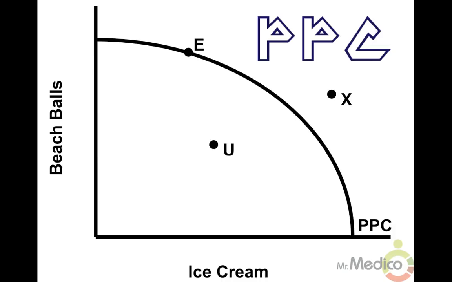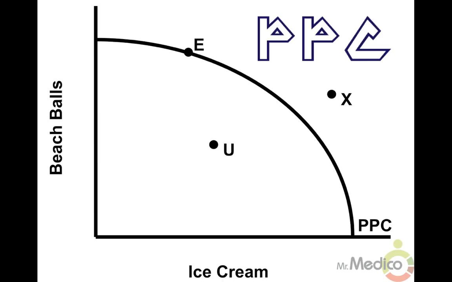So therefore, if there's any point inside the curve, like point U, that represents unemployed resources, whether it's unemployed labor, unemployed land, unemployed capital. Point X indicates a point that would be impossible to attain right this second.